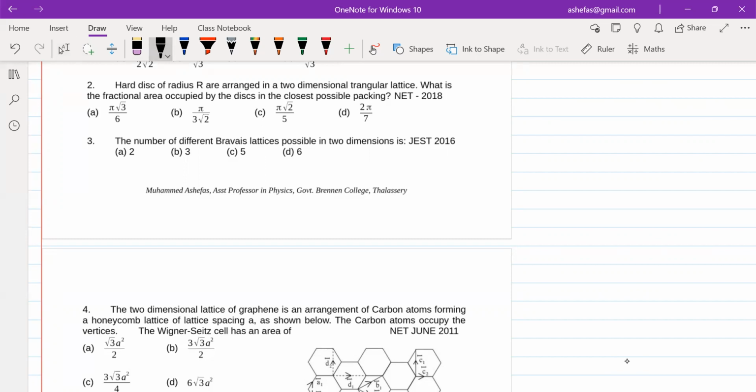So hard disks of radius R are arranged in a two-dimensional triangular lattice. Can you consider a triangular lattice? So the atoms are present, sorry, the hard disks are present at the corners of this triangle. Okay, so here we have to find the fractional area.